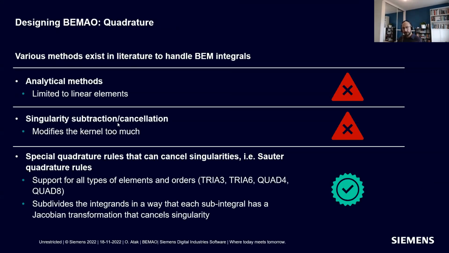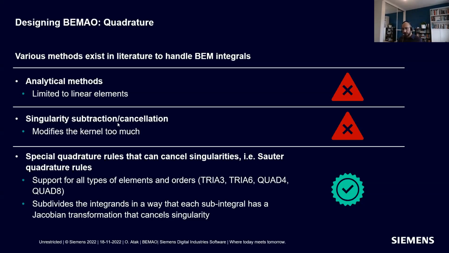Okay, about quadrature, because this is typically one of the critical points of BEM. Because we want to use high orders, analytical methods were not possible to use. There are also other techniques based on singularity subtraction or cancellation, but our feeling was that they modify the kernel a bit too much. And from an industrial point of view, where we want to support all the combinations of different boundary conditions, that was not as nice.